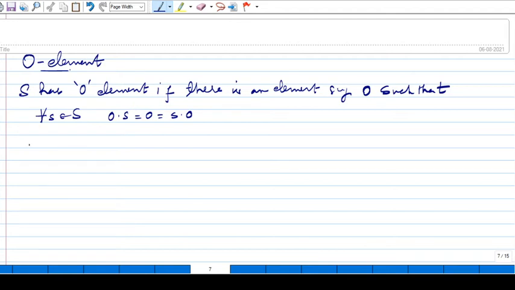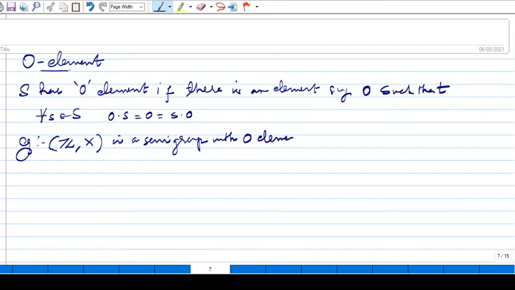So we can see an example in Z having this multiplication. It is a semigroup with a zero element. In fact, it contains the identity also, right?